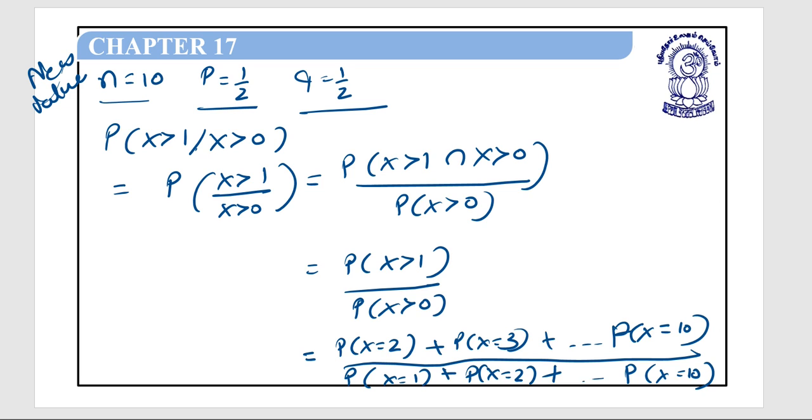So probability of x greater than or equal to 1 given x greater than 0 is equal to probability of x greater than or equal to 1 intersect x greater than 0 upon probability of x greater than 0. So probability of x greater than or equal to 1, sorry, here only x greater than 1.